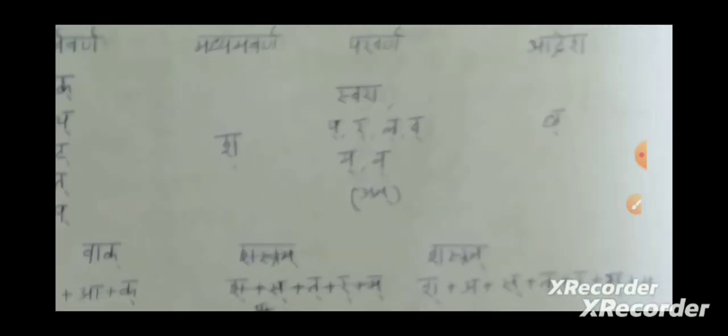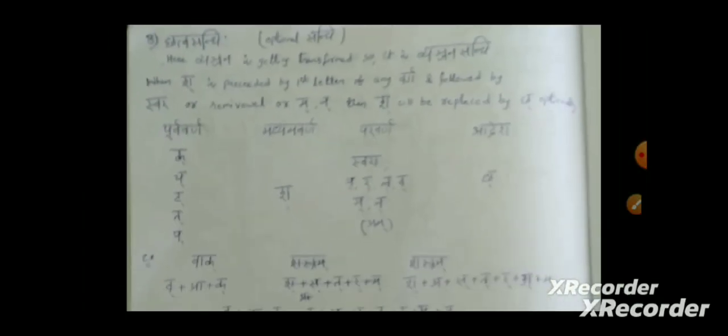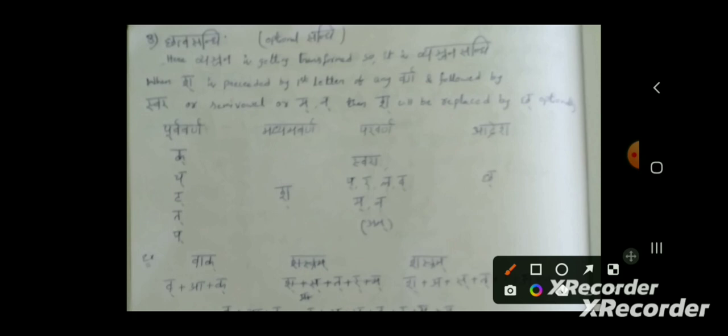So I'll revise the definition once again. Chatva Sandhi is an optional Sandhi. Here Vyanjana is getting transformed, that's why it is called Vyanjana Sandhi. And Chatva Sandhi is when Shakara, the middle letter, is preceded by the first letter of any of the five vargas, that is Kavarga, Chavarga, Tavarga, Tavarga and Pavarga, and followed by a swara or vowel or semi-vowel or makara or nakara, which is the letter.